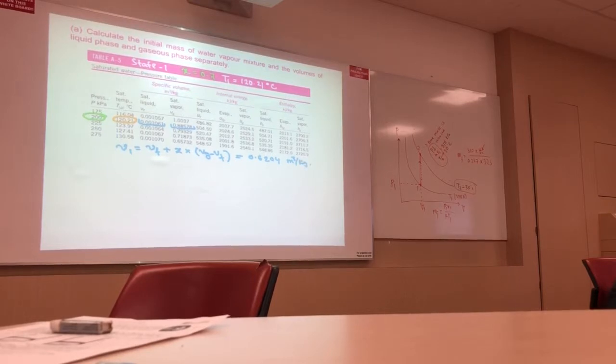So what is the total volume at state 1? Tell me. 400 liter, 0.4 meter cube. So what is the total mass? V by specific volume v1. 0.4 divided by 0.6204, and I get here 0.645.